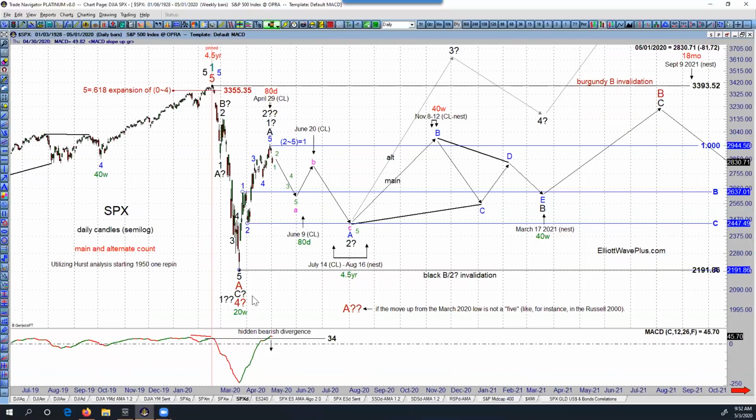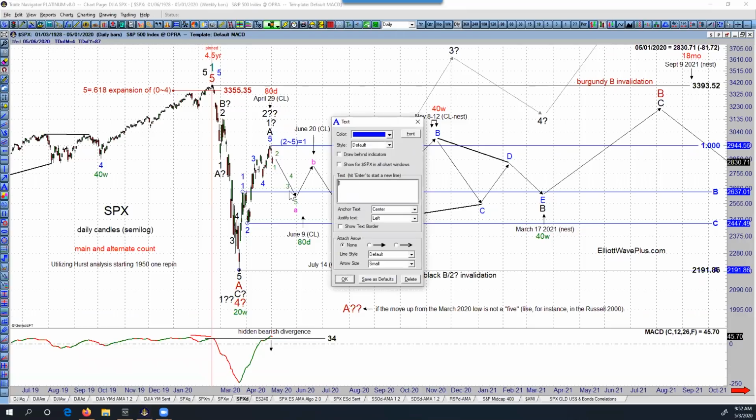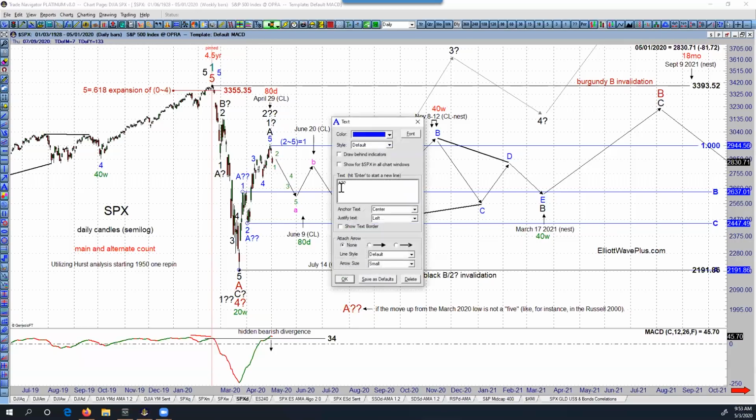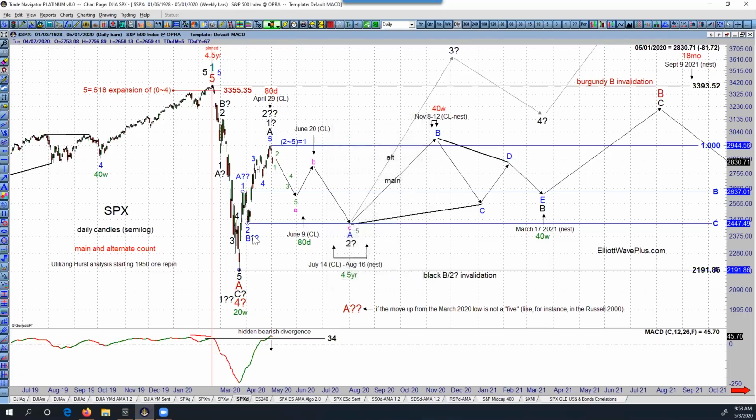So here's the daily chart. Once again, I'm going to call this a potential A. I know I've got three counts here, but this isn't a problem, as I have been saying, because with Hurst I feel like there's going to be downward movement down into August.